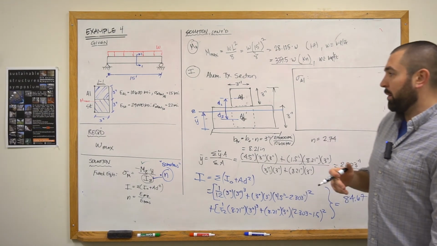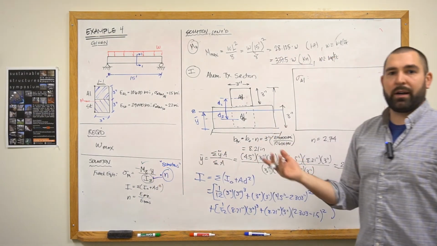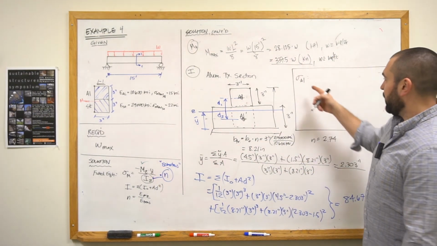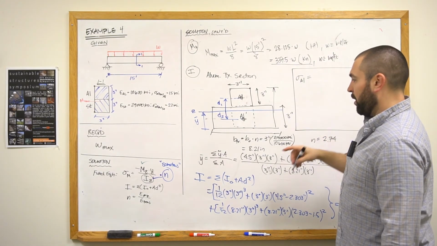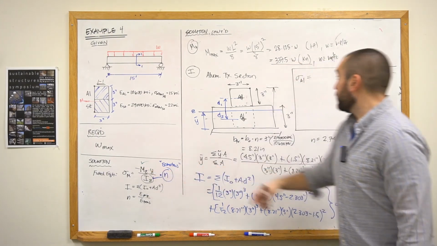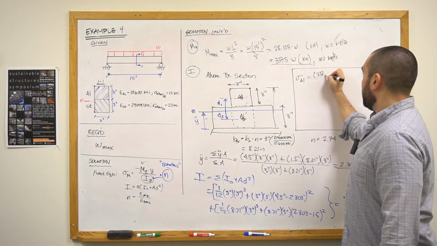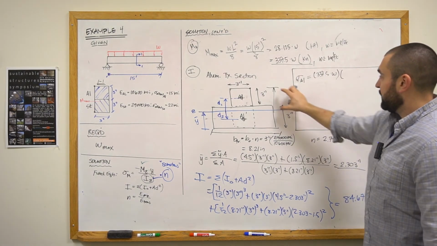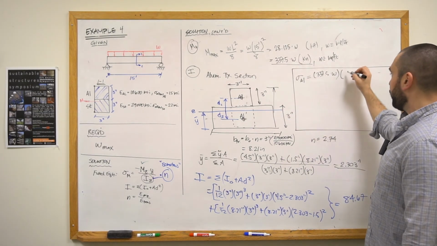And here we're just talking about magnitude, so I'm not really going to worry about the negative value there, because if it was positive or negative, the magnitude is really all that we care about. So I'm just going to say that equals the moment about the z-axis, which we calculated earlier as 337.5 times w, times this distance right here, which is the full 6 inches minus 2.303.